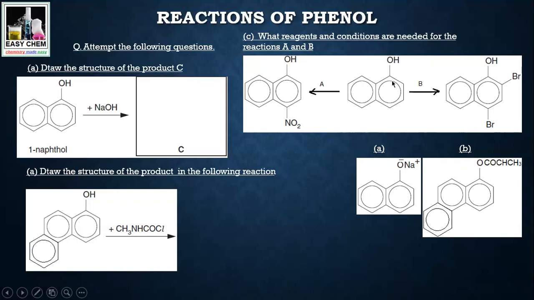Because OH is a ring activator, and if the product you obtain here contains just 1 NO2, then definitely for A, we have to use dilute nitric acid. What about B? 2 bromine atoms have been added. Just aqueous bromine, bromine water.